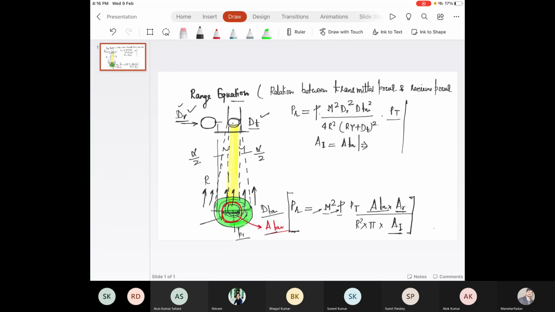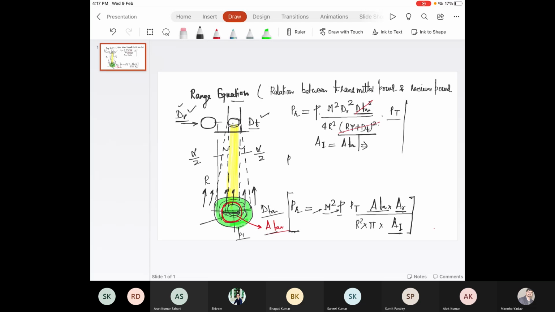It implies that, so in that case this diameter can be considered as equal to this. This will cancel out.